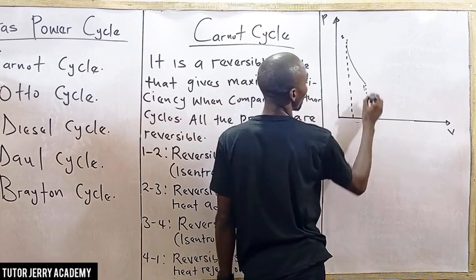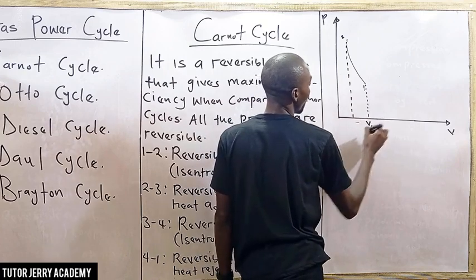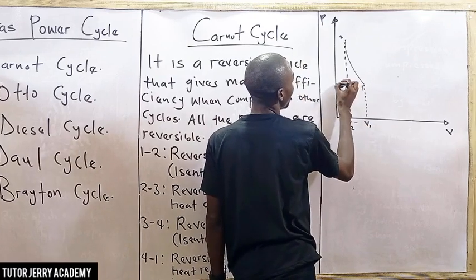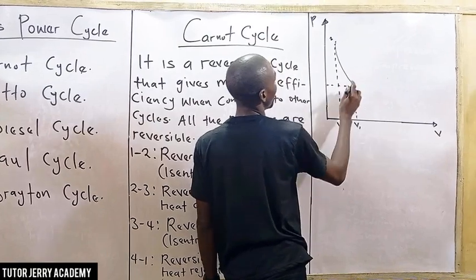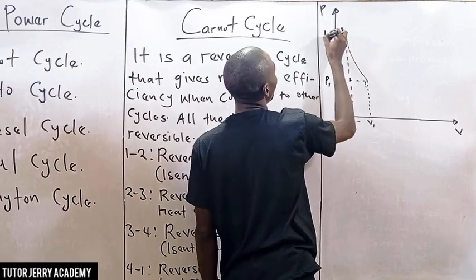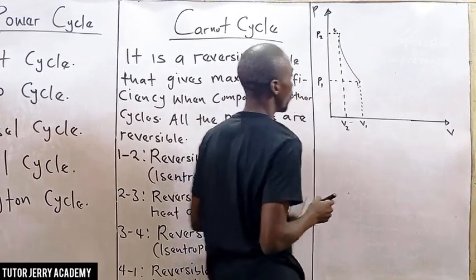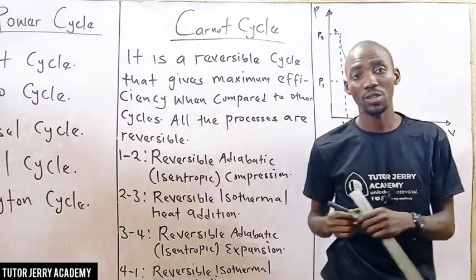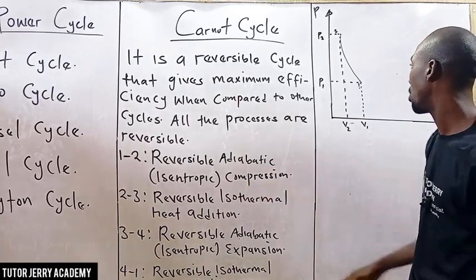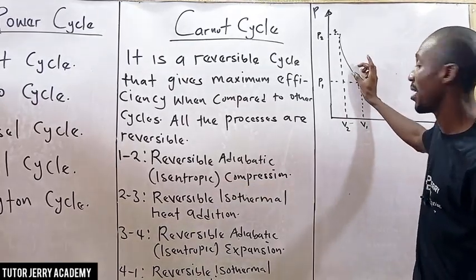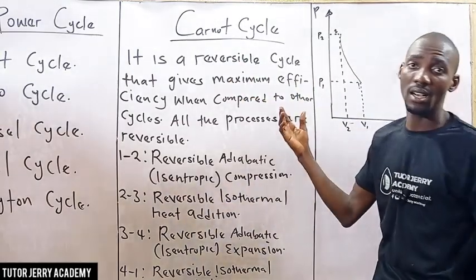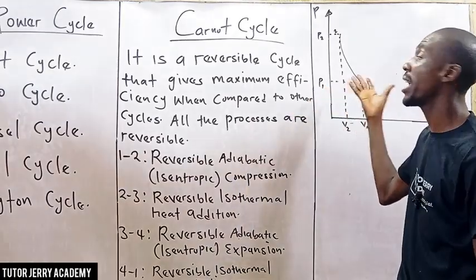On this point, we are going to have here to be our V1, here is going to be our V2. And on this point, we trace it here. We're going to have here to be our P1 and here to be our P2. All right. So what do you notice here? Reversible adiabatic compression means air has been compressed. We said the working medium in the gas power cycle is air, right?